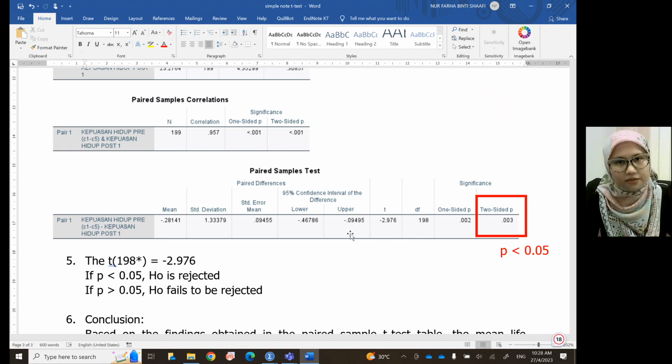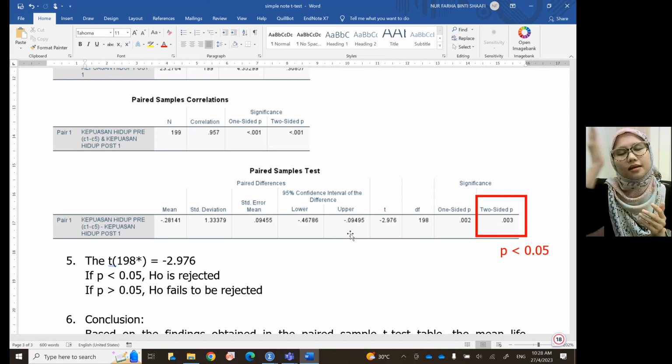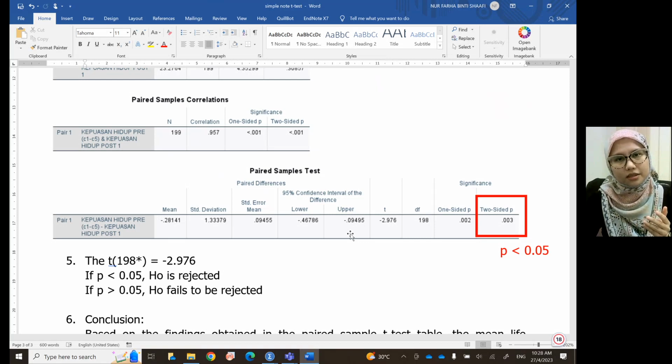There are a lot of reasons. Once they give you the reason, you write in your report and you need to support it with references. What have other studies discussed about life satisfaction?